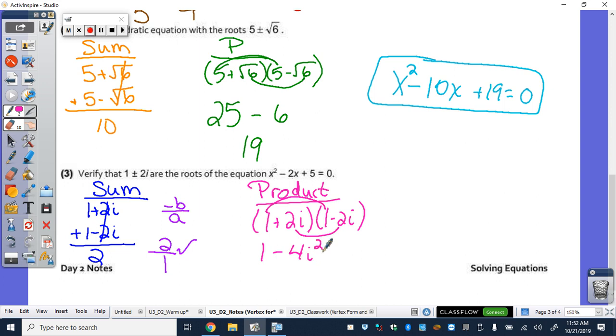What does that simplify into? 5. It'd be 1 plus 4, so 5. So from the formula, it would be c over a. What's our value of c? 5, and then a is a 1. 5 is the same as 5. So, yep, product and the sum were the same.